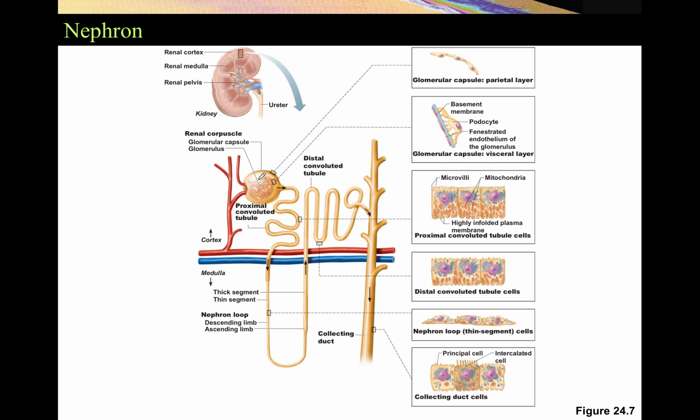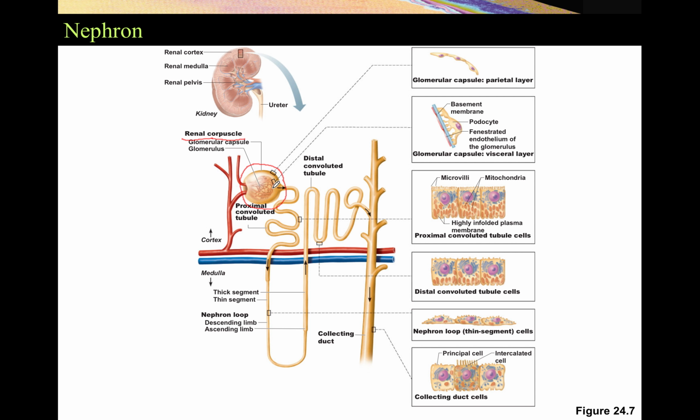The first thing you notice is there is a circular structure right here. This circular structure as a whole is referred to as the renal corpuscle. Now, what is a renal corpuscle made up of? It is made up of this shell that you see in a yellow color, which is referred to as the glomerular capsule.